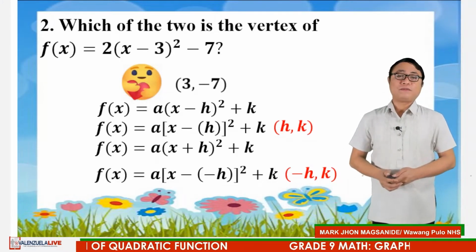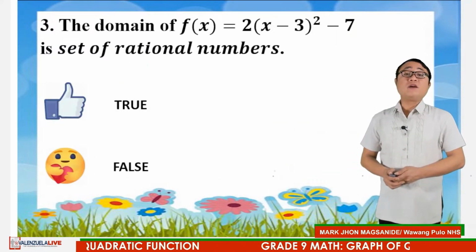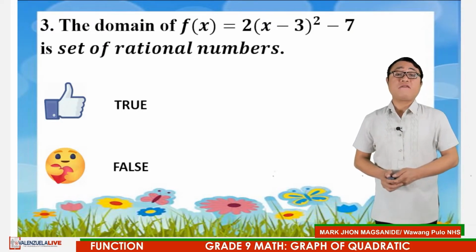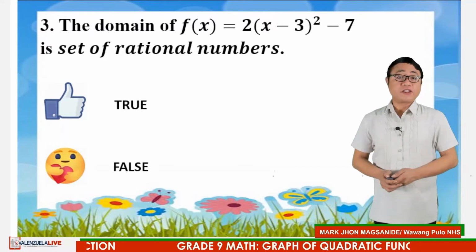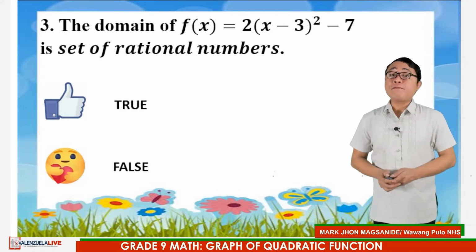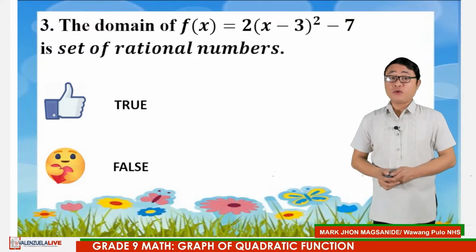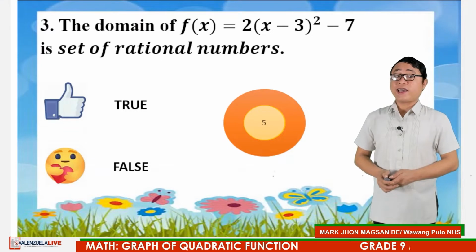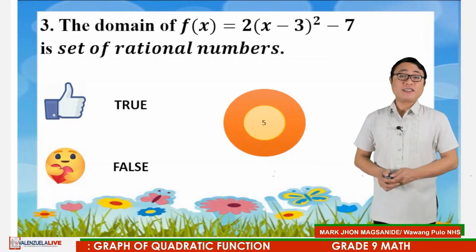Number 3. The domain of f(x) = 2(x - 3)^2 - 7 is the set of rational numbers. Is it true or false? 5 seconds. Like or care? Timer starts now.